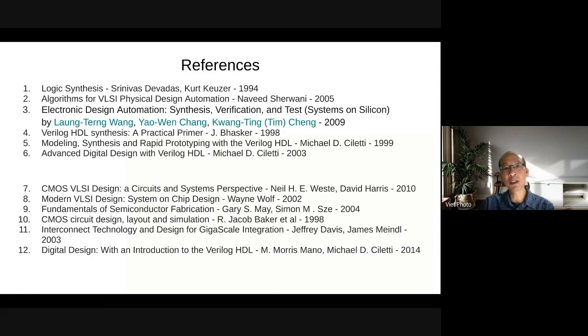Like in the lab for logic synthesis, you do write code, but that code is to use the tool, not to write the tool for people to use. So if anybody is curious and wants to know about that, these two books are classics.